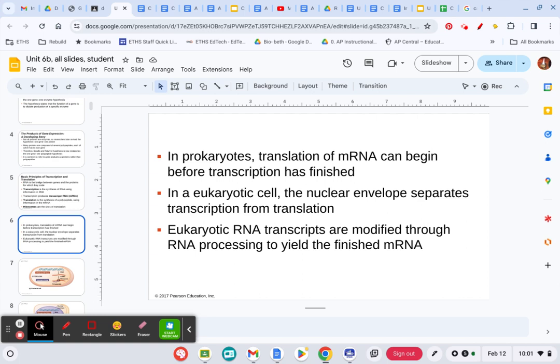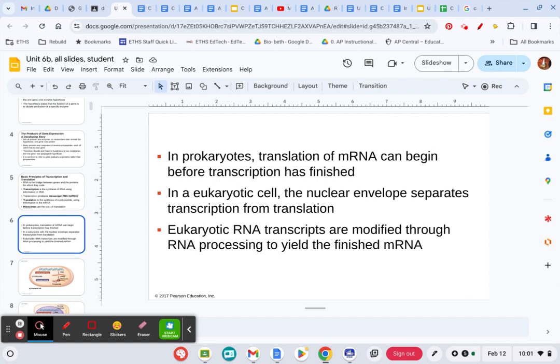So they're going to do a little less than the eukaryotes are, and translation happens before transcription is even done. Transcription's starting, it might be half the way done, and translation of that first part that's been transcribed will happen. So it happens very quickly, and we'll talk a little bit more about that as we go.